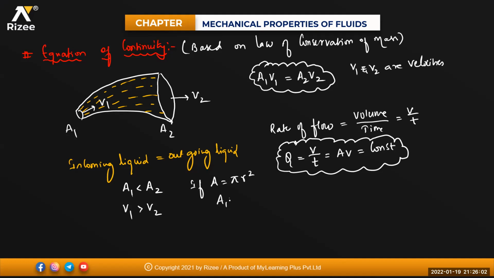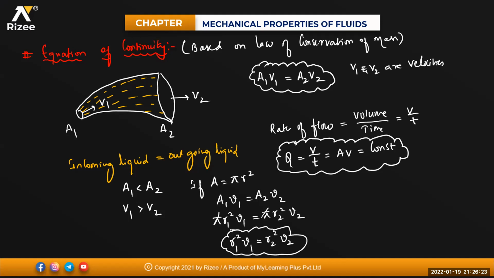So I can write A1 V1 is equal to A2 into V2, that is pi R1 square into V1 is equal to pi R2 square into V2. Pi and pi get cancelled, so it is R1 square into V1 is equal to R2 square into V2. This will be your answer. Clear, beta? Any doubt in this one to anyone?